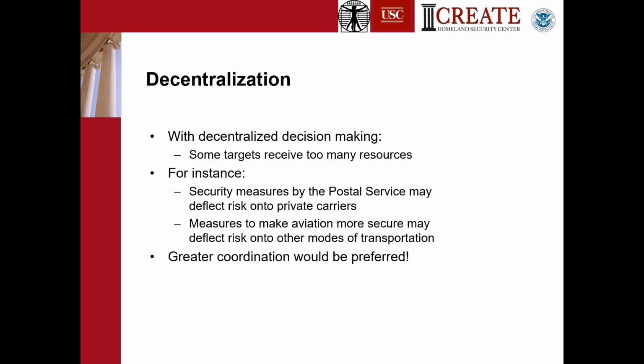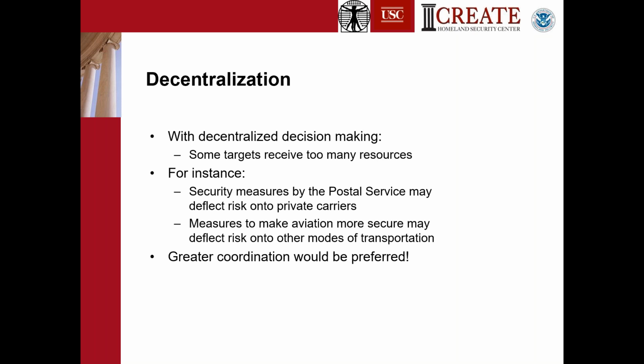So for example, if after the anthrax attacks in 2001, the Postal Service had put in anthrax protection equipment, that might just deflect risk onto private carriers like Federal Express or DHL or whoever, and not necessarily make the world safer, but just transfer risk to other organizations.